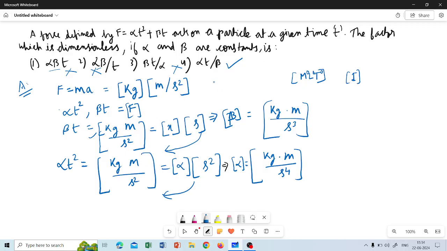And why? What is alpha t? If I multiply alpha into t, let me do this. No, I should not put the brackets there. One minute, let me rub it out. This is not the dimension, this is the quantity.